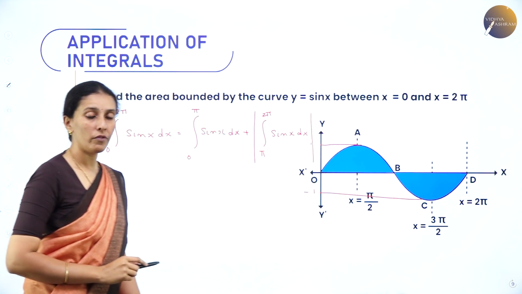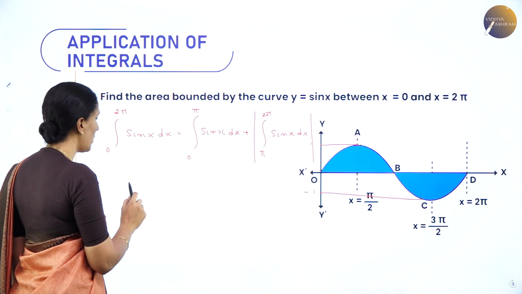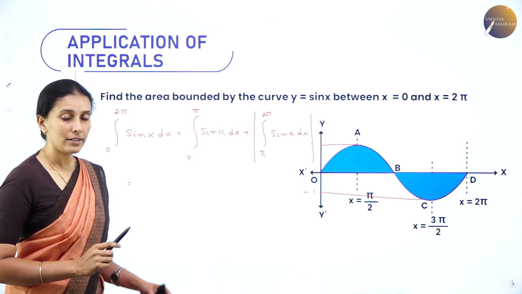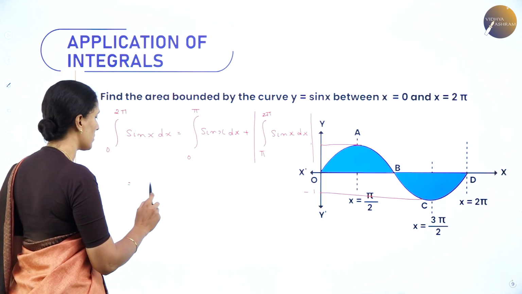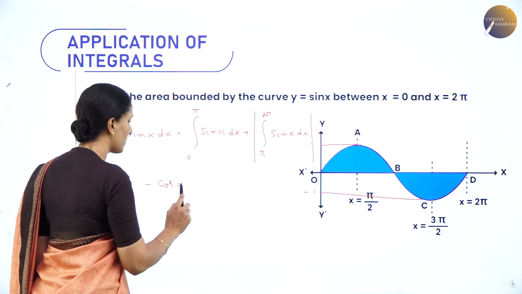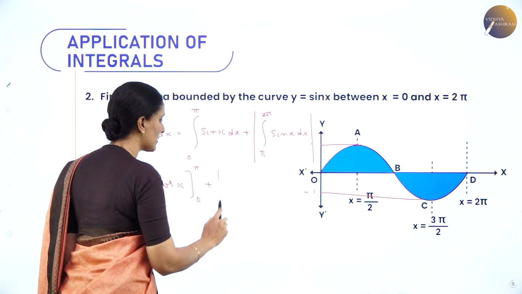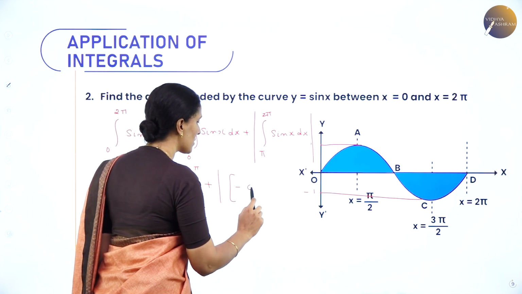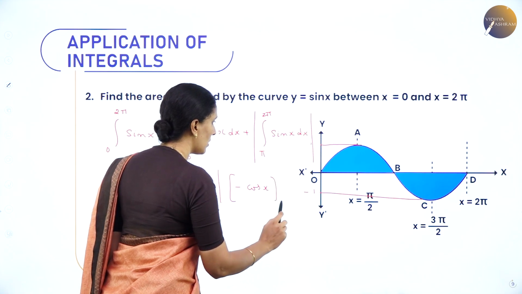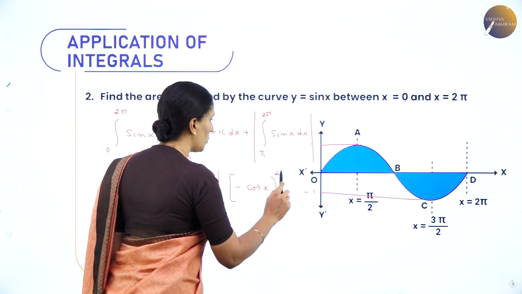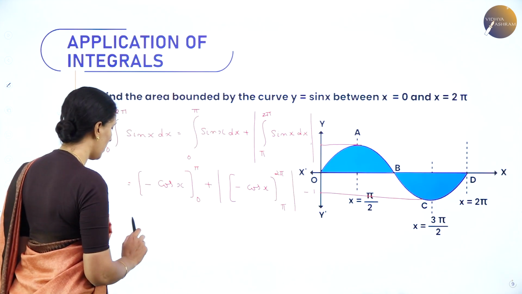So, this is how we will write the integral value. Now, what is integration of sin x? The integral of sin x is minus cos x. So, minus cos x with respect to the limits 0 to pi, plus again minus cos x with respect to the limits pi to 2 pi under the modulus.